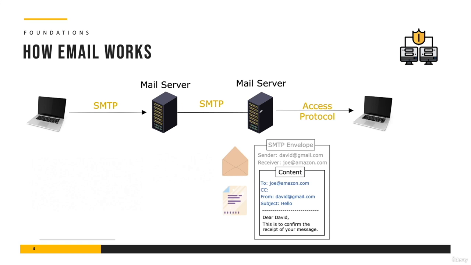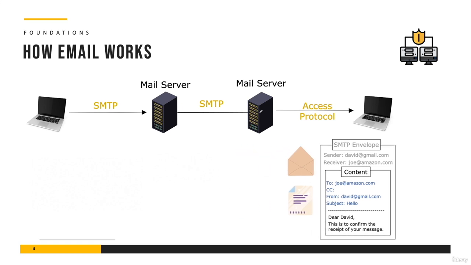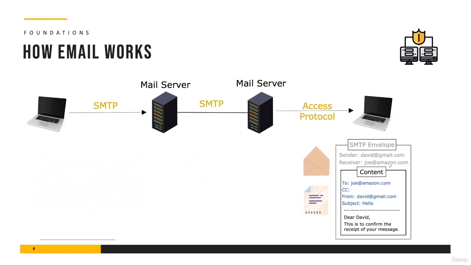And eventually this mail will be delivered by Amazon's mail server to Joe. Now, once again, for Joe, the main part that he's going to be seeing is the content, right? He's going to see where it's coming from, the subject and text, files, whatever. But the SMTP envelope is hidden from the end user, once again. So this is how email works classically.